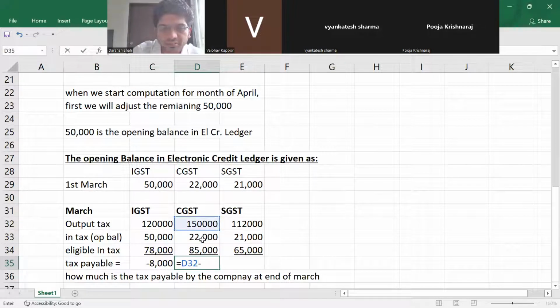Here 1,50,000 minus 22 minus 85. And here it will be 1,12,000 minus 21,000 minus 65,000.